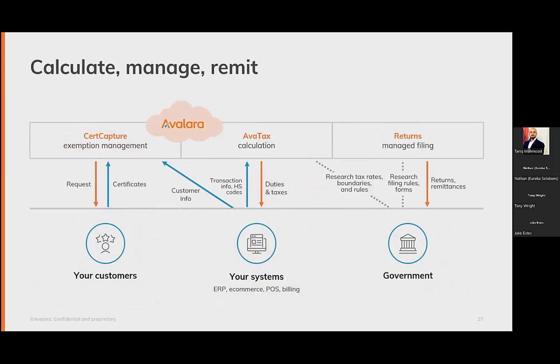Avatax integrates with all source systems, whether it be your NetSuite ERP system, an e-commerce platform, point of sale, or billing solution. So at the point of the business process, when taxes are needed, a call is made to Avatax, which will assess the transactional criteria and throw back the correct rate instantaneously.